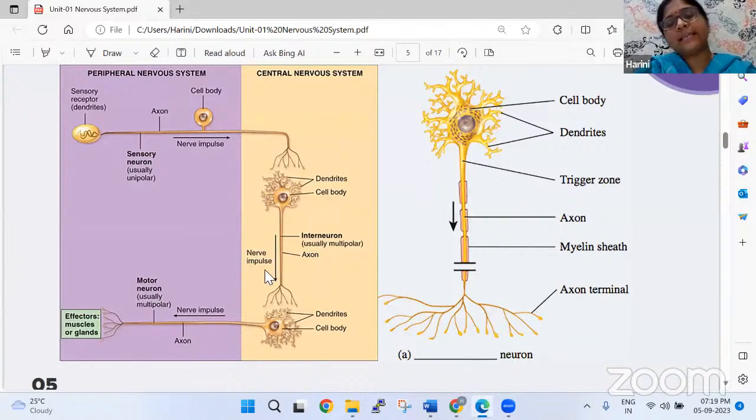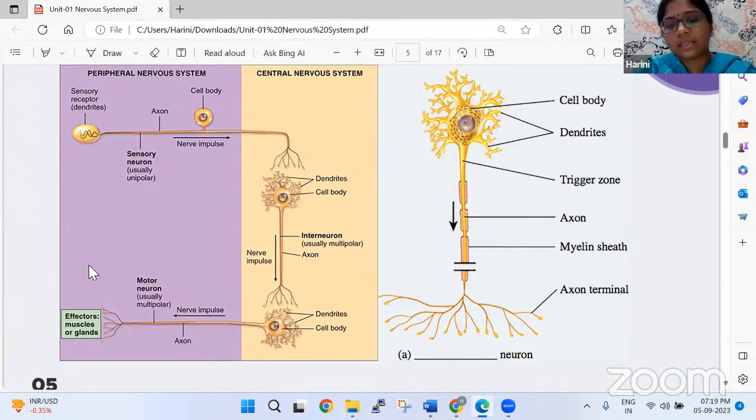So this is the basic functional diagram. Whenever they ask you about the functions of the nervous system, you just give them that the three basic functions of the nervous system are sensory information, integration, and motor information. You just represent this diagram. It's a very beautiful diagram which explains the whole function of the nervous system, right?